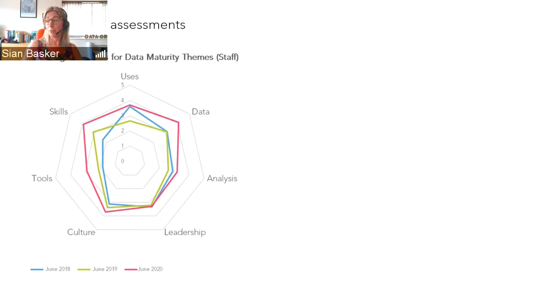The blue line represents how they scored as a baseline data maturity assessment, and the green line represents how they were doing at the end of a year of support. It was quite light touch support. We were testing out what kind of support is needed to help organisations progress. And you can see in that time there was some progress.